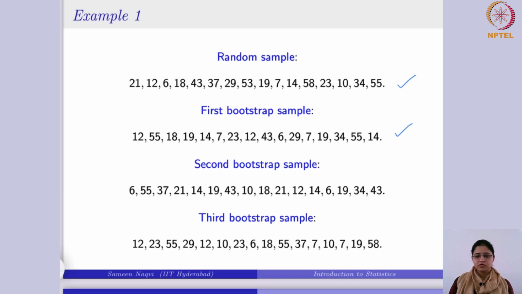So here in this second bootstrap, 43 appears twice, or you might come across any other observation as well. So here 7 appears twice, 10 is appearing twice, 12 is also appearing again. Okay. So in this way, you can see that the same observation might be repeated, and by analyzing these bootstrap samples, you can talk about the variability, and then obviously you could finally generalize it.